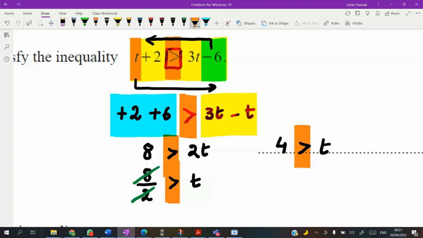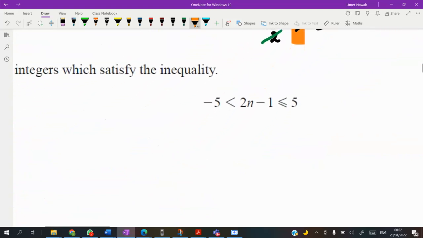In some stages we change the sign of the inequality if we multiply or divide both sides by a negative number, but I will try to avoid it. That's why I have made this arrangement to make my subject positive, which keeps my calculation secure from changing the sign of the inequality. Got it? Now let's move on to another case.